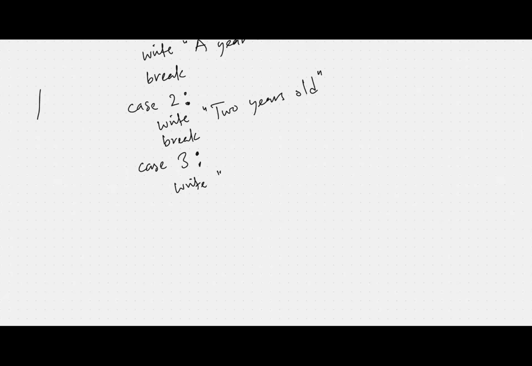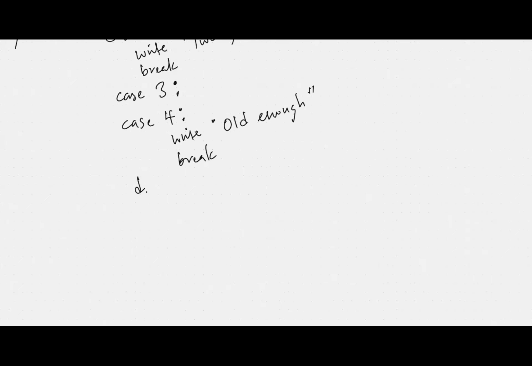Okay, so if we do case 3 and case 4 together, we can do write old enough, quotes, we do a break, and then if we do default colon, we can do write invalid age.